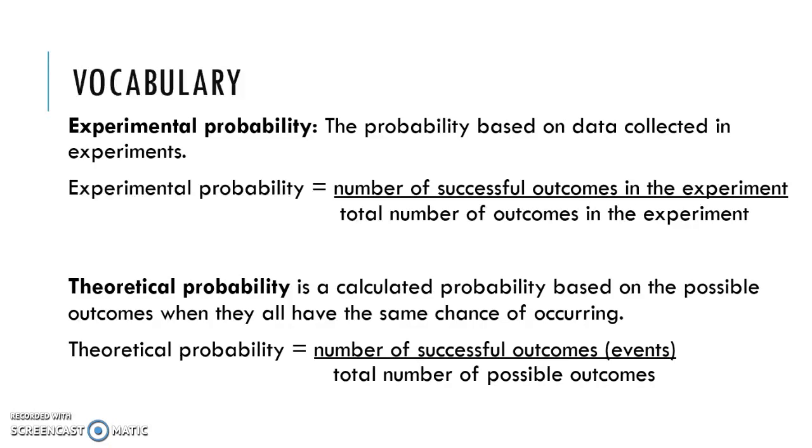So perhaps there's 15 socks in the bag, and so that would be the total number. And then there's theoretical probability, calculated based on the possible outcomes when they all have the same chance of occurring. So what is the theoretical probability, knowing how many red socks are in that bag of 15 socks total? In theory, how many successful outcomes would you expect out of a certain number of trials?